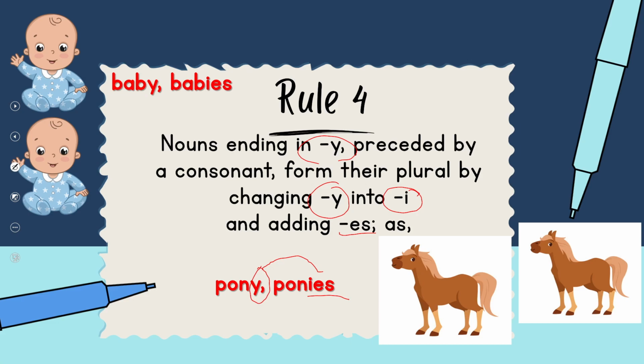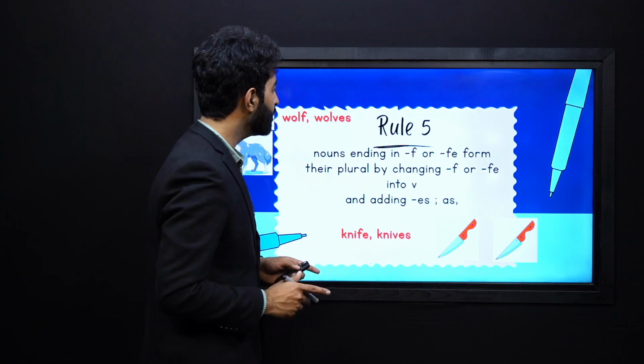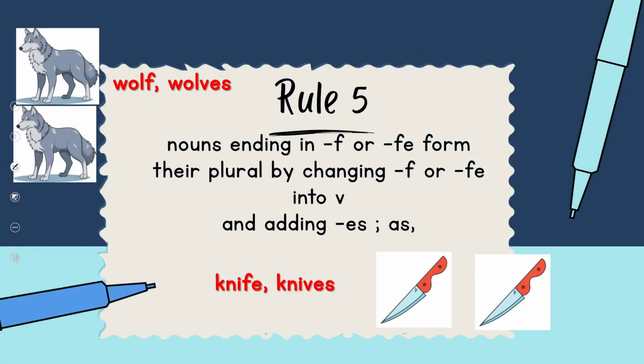Pony will become ponies, baby will be babies. So I hope this rule is also clear. Now rule number 5 is when we have nouns ending in f or fe form their plural by changing f or fe into v. Knife, f will be changed into v and es will be added. Wolf will be wolves.